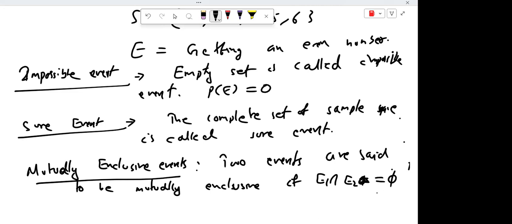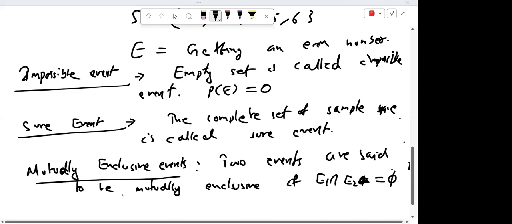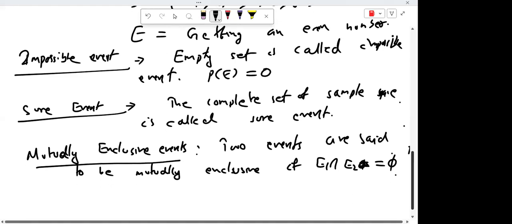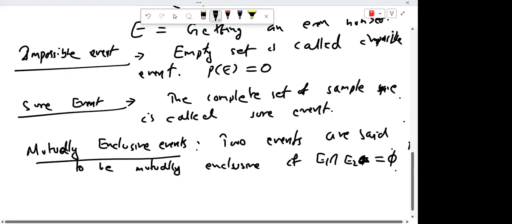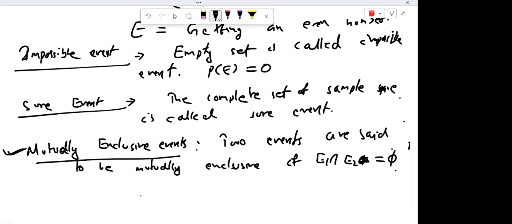Mutually exclusive means both cannot happen together. If this happens, then that cannot happen. If that happens, then this cannot happen. So the intersection of them is phi. There is nothing common between them. And this is extremely important. Mutually exclusive events. Note it down.